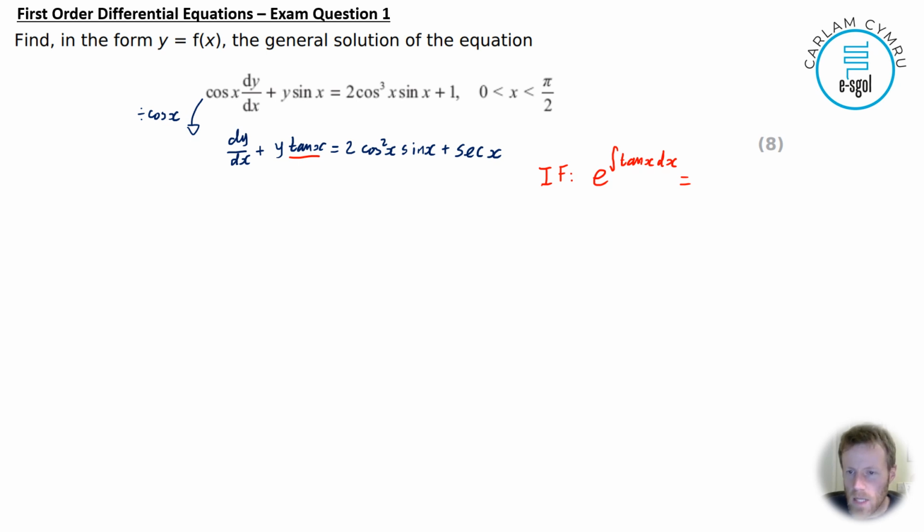Now the integral of tan x is in the formula book, so we get e to the natural log of sec x. And the e to the natural log breaks itself up, so we just get sec x. So our integrating factor is going to be sec x, so let's times by sec x.